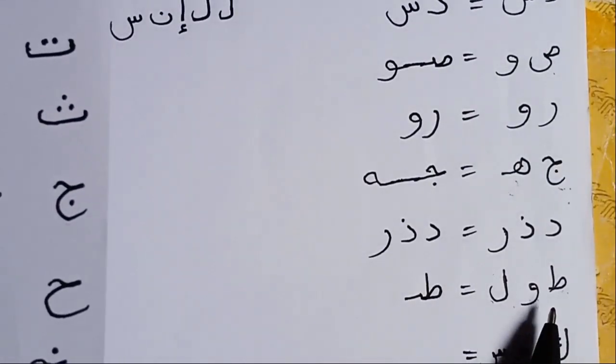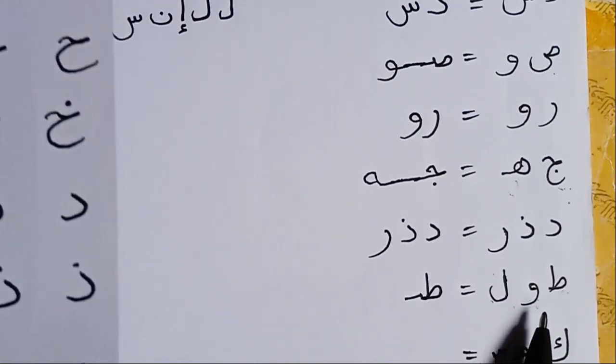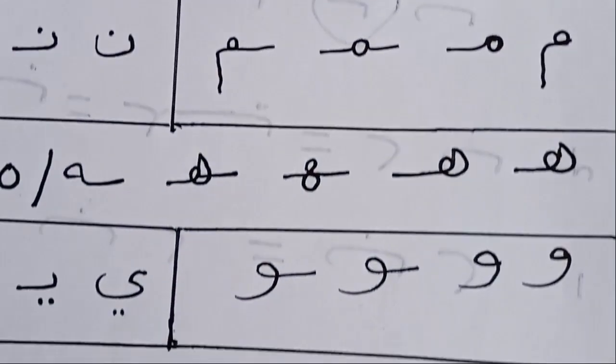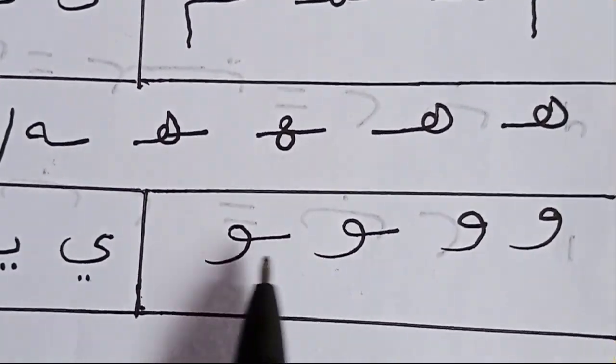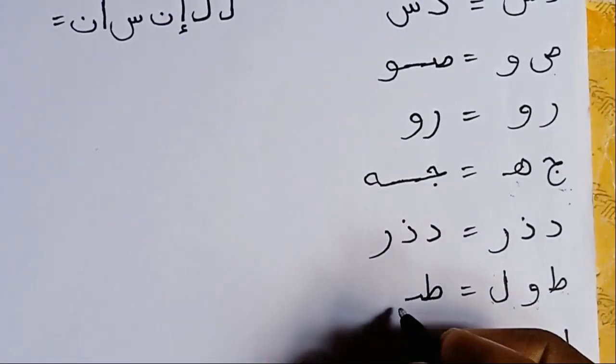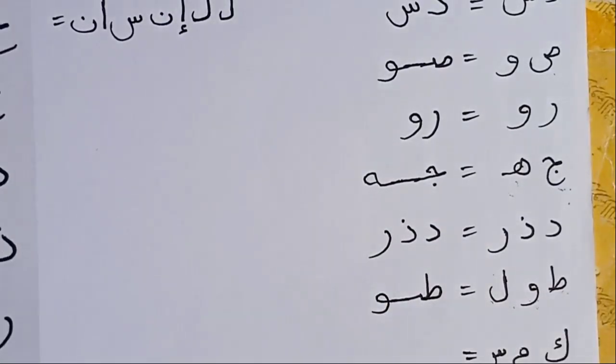It's why joining it with the wow, which is this. So we either take the one at the middle or at the end. So we then have wow at the middle or the end.